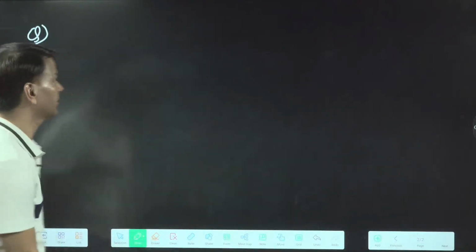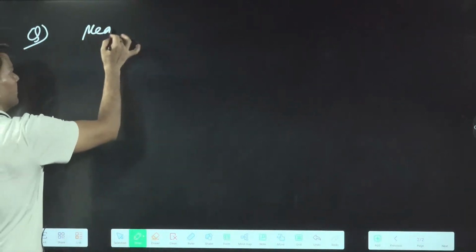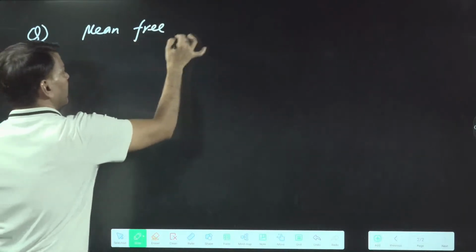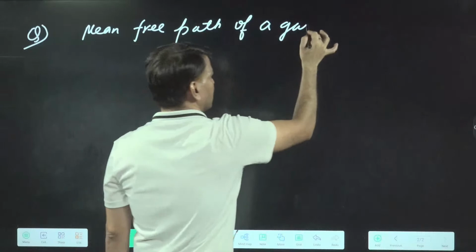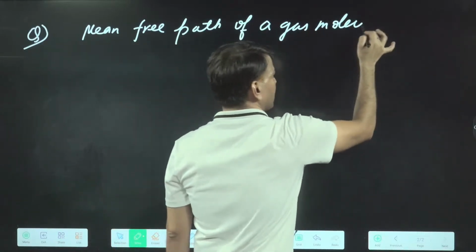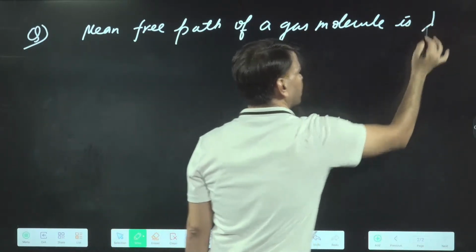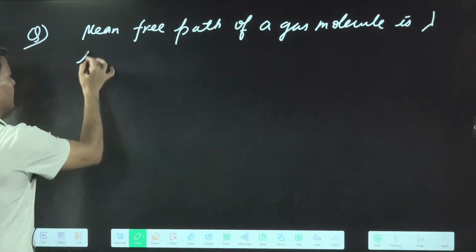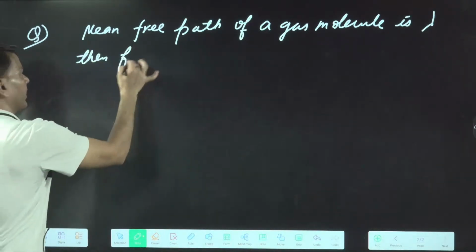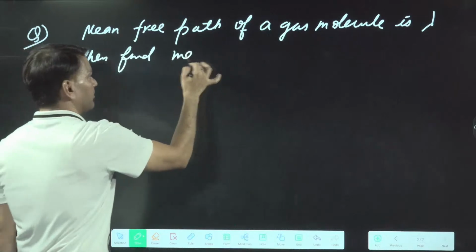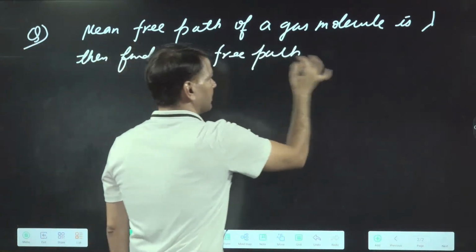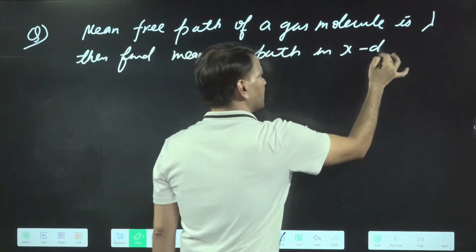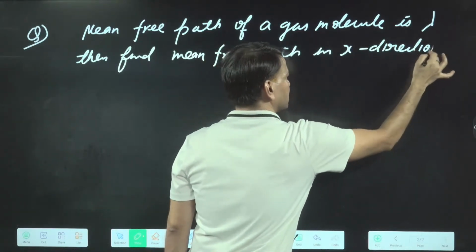Next, suppose I am saying the mean free path of a gas molecule is lambda, then find the mean free path in the x direction.